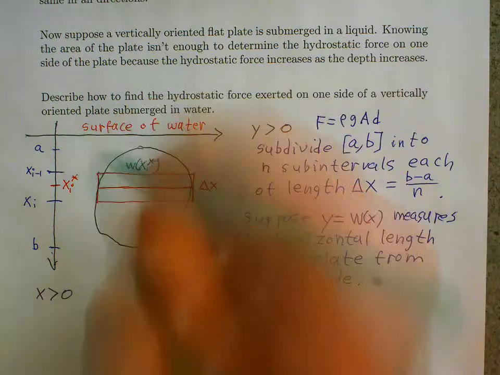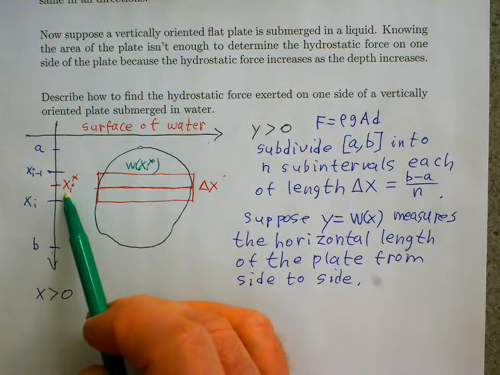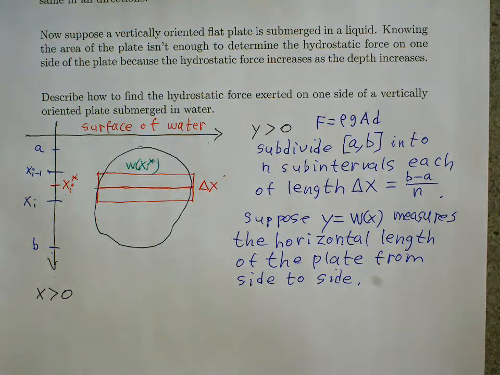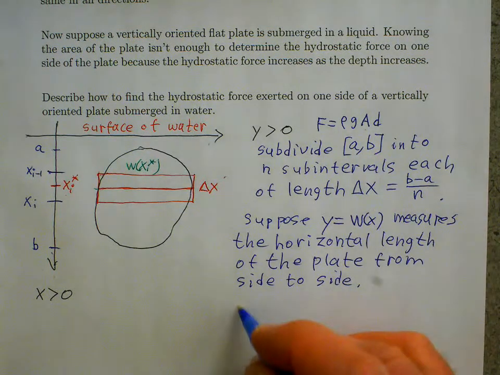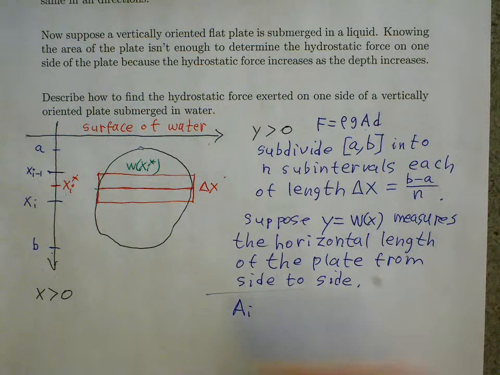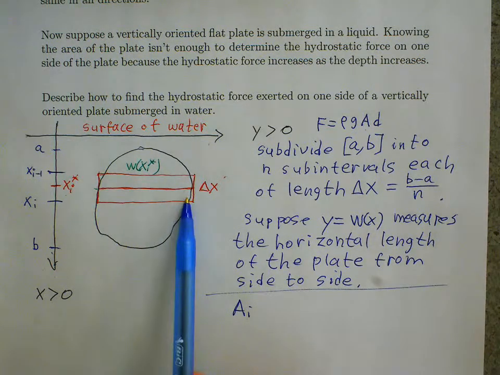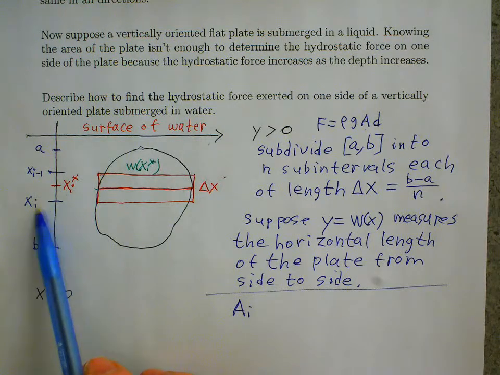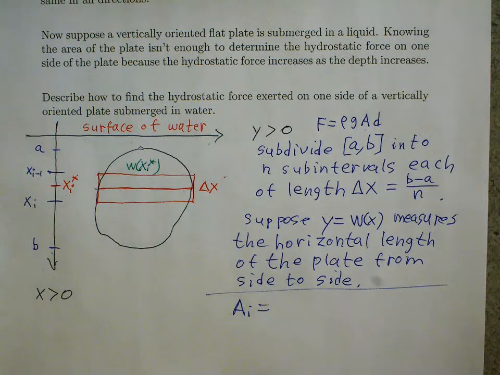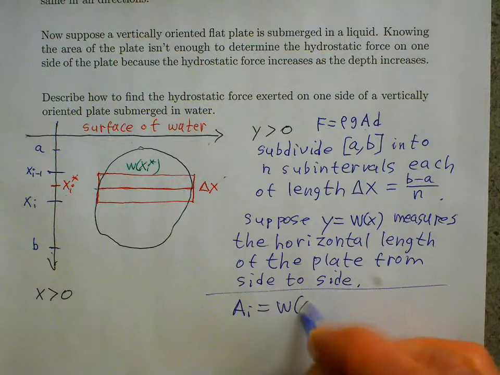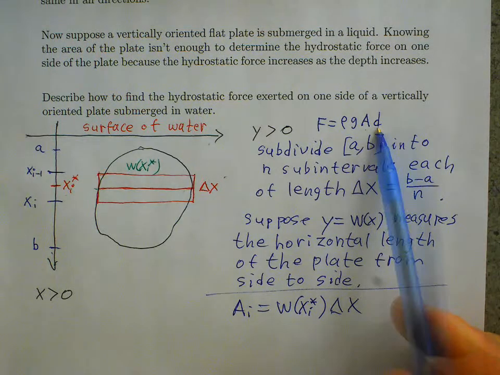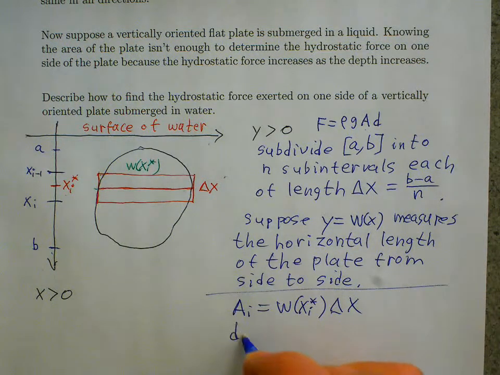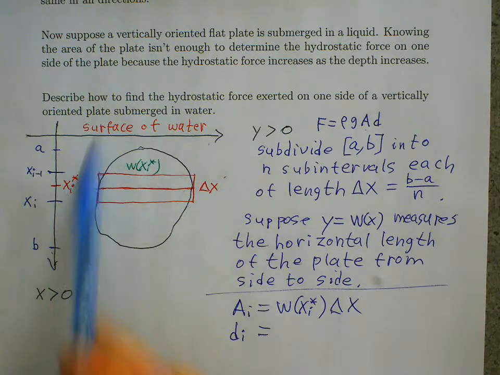Okay, and the depth at this point is x sub i star. So let's just summarize what we have. I'll refer to a sub i as the area of that rectangle on the interval from x sub i minus 1 to x sub i. So the area of that is w of x sub i star times delta x. And the depth on that interval, I'll refer to that as d sub i, but the depth is x sub i star.